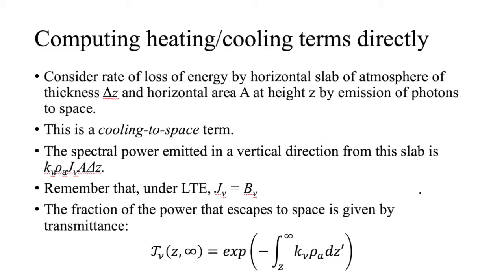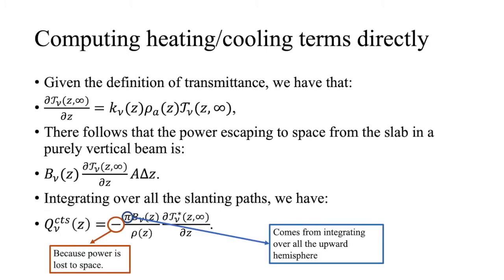Okay, this is just to remind everybody that under local thermodynamic equilibrium we had this, and that's why we wrote the source function as a Planck's function. And with all these assumptions, you can do all the complicated calculations, and what you end up at the end would be something that looks like this.